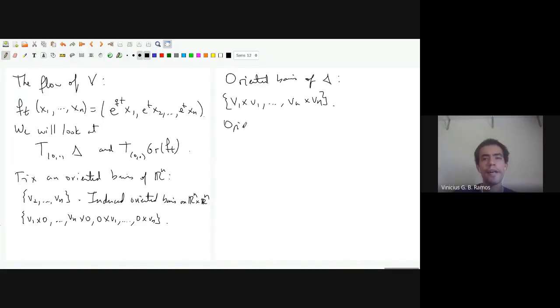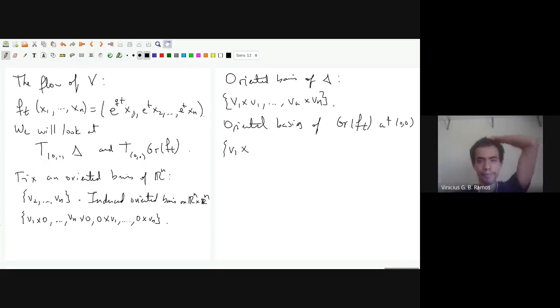So an oriented basis of the graph, now at 0, 0, I have to look at v1 times the derivative of ft in the direction at the point 0, 0. You just take the natural vector in each direction. So this is going to give me q times v1.